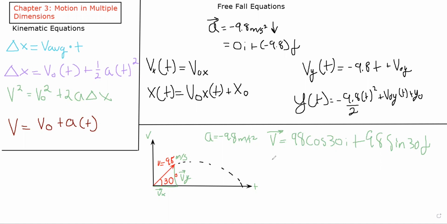Now, if we calculate that, we know that our vector v is actually 84.9 meters per second in the i direction, plus 49.0 meters per second in the j direction. And that's how we split it up.